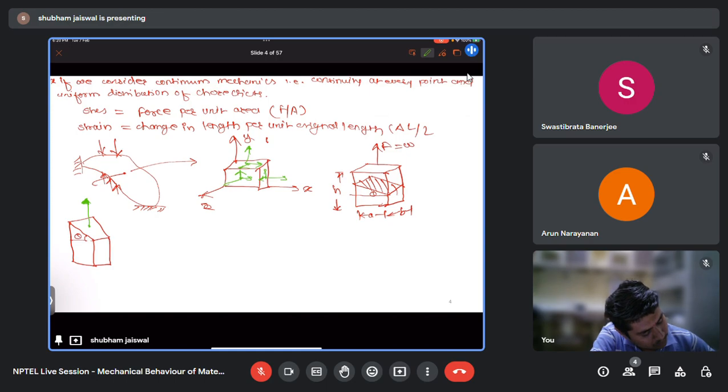Okay, so let's denote this is the normal force Fn, and this is the shear force or the tangential force Ft, and this angle is theta.